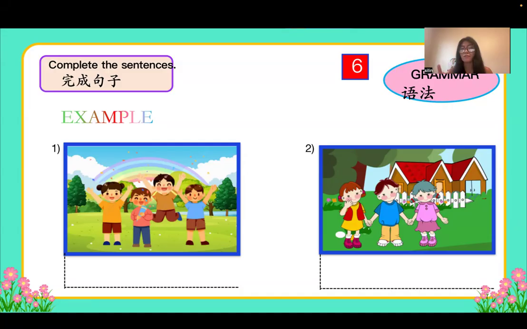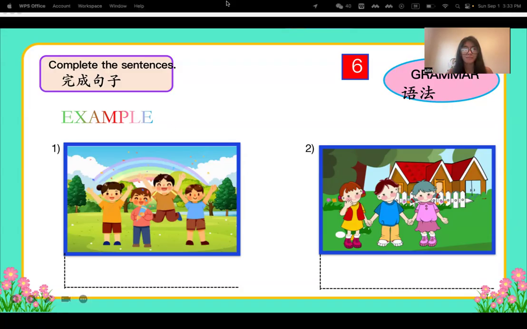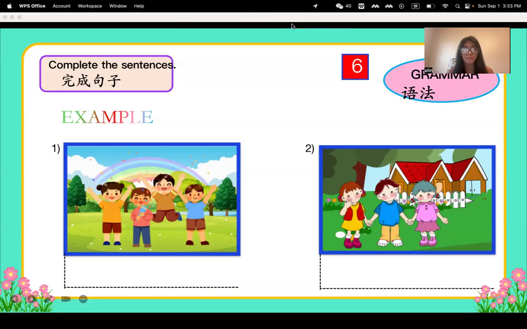I have 4 good friends. How to say it? If you cannot say it, you can write in English first. I have, and then what? 4. And then what? Good friends.